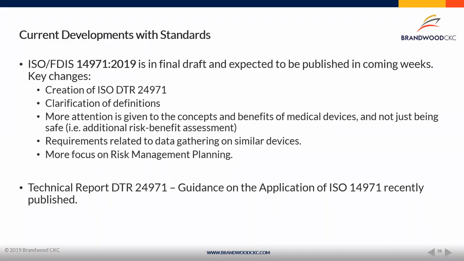Next one, and we talked about that just recently, and again, this is a regulatory requirement coming from just about every regulator out there, thinking about the requirements of data gathering around similar devices. So it's not just acceptable for you to say, well, it's a novel device, it's a totally different intended use, or it's a different population, or it's a different environment, whatever. That's not acceptable.